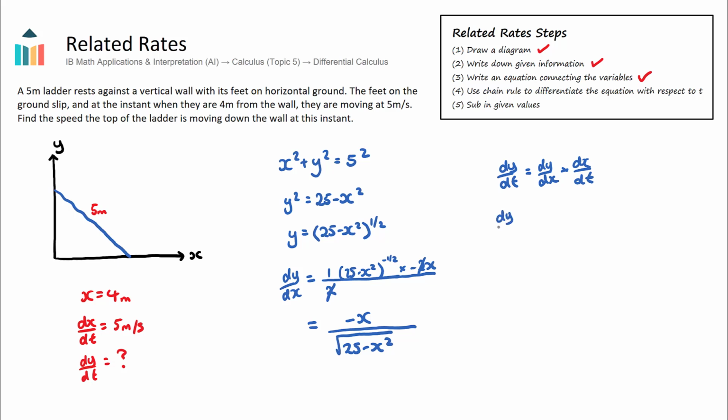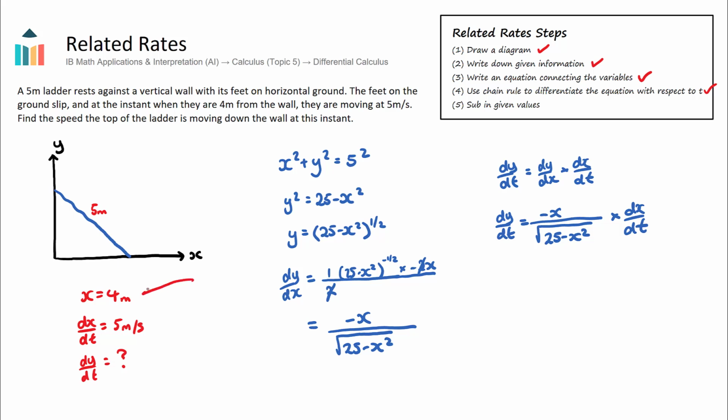Okay, so back up to our solution. We have dy/dt equal to dy/dx, which we now know is negative x over the square root of 25 minus x squared, and we're going to multiply this by dx/dt. It's at this step that we can go to step 5. I'm going to tick step 4 and substitute in all of our given values, because we wanted to find dy/dt, the speed, at this instant, and at this instant, x was 4.